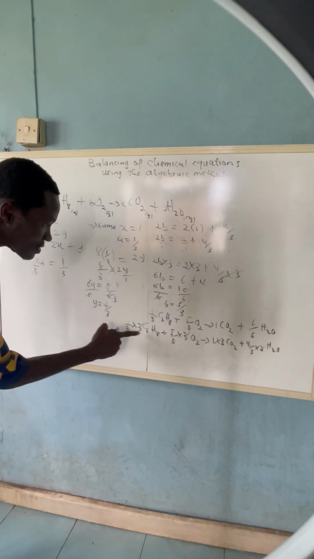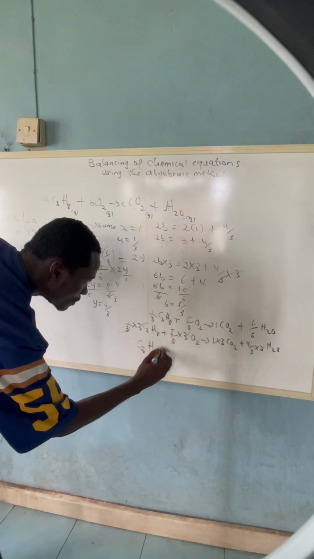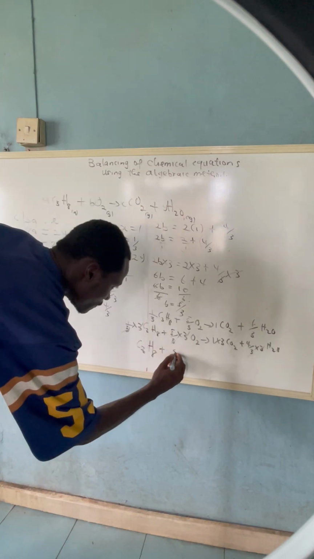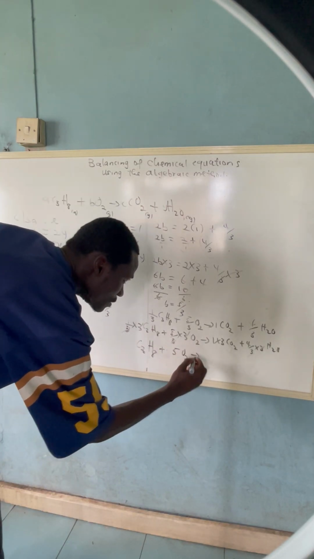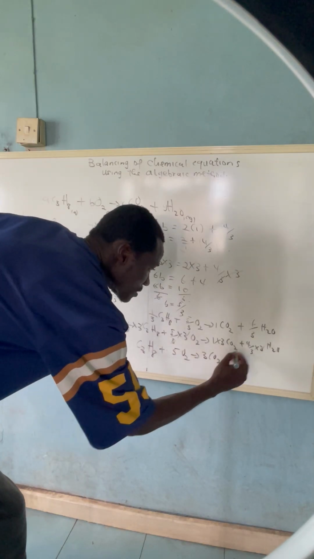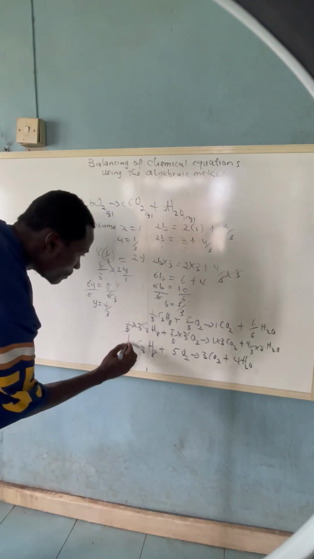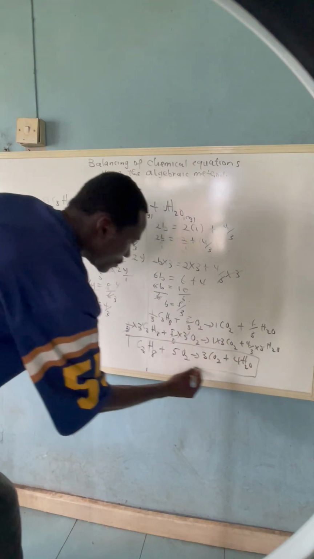Here we now have 1 C3H8 plus 5 O2 to give 3 CO2 plus 4 H2O. So this is our balanced chemical equation.